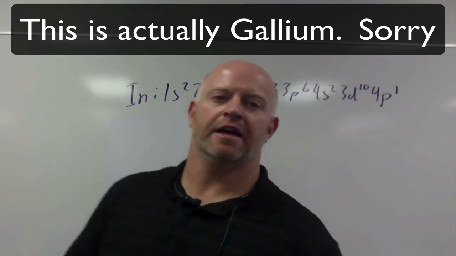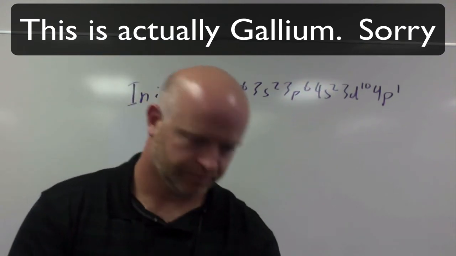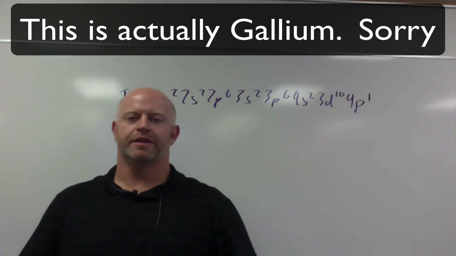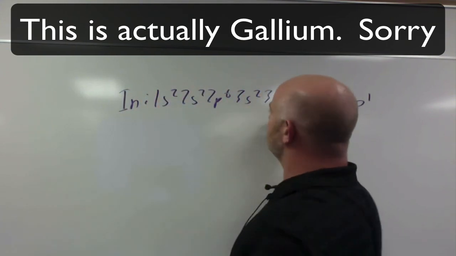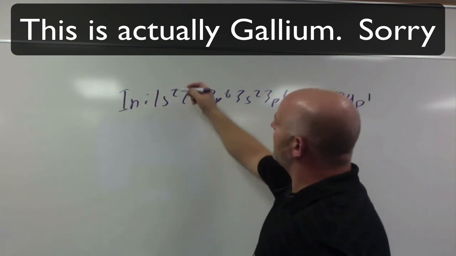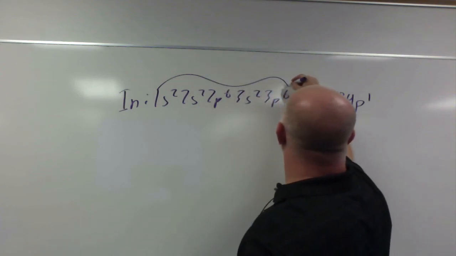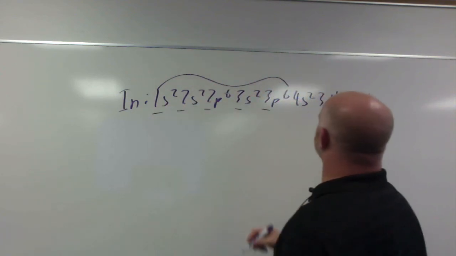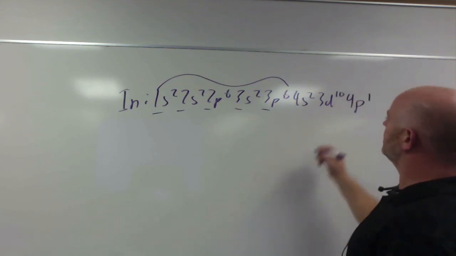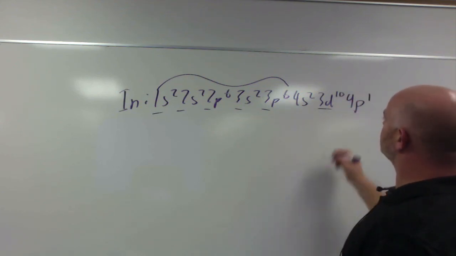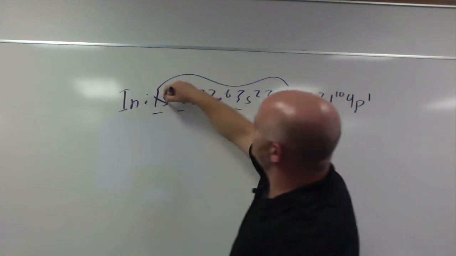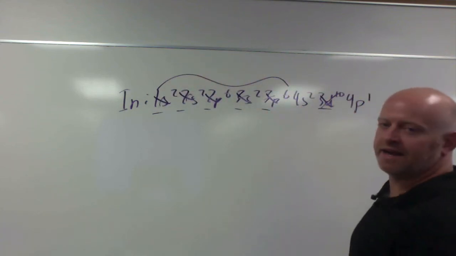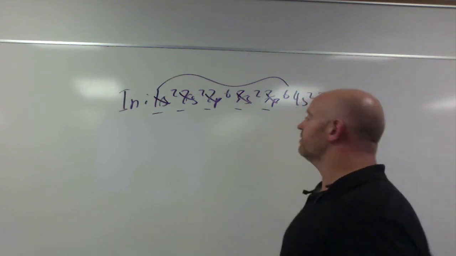So if we take a look at what is going on with indium in terms of ionization, it's not going to ionize anything through here because these are all 1s and 2s and 3s in terms of its orbitals. It's not going to ionize here because that's again a 3. So your 1s, your 2s, your 3s are all safe. No ionization there. That's not the outer energy level.